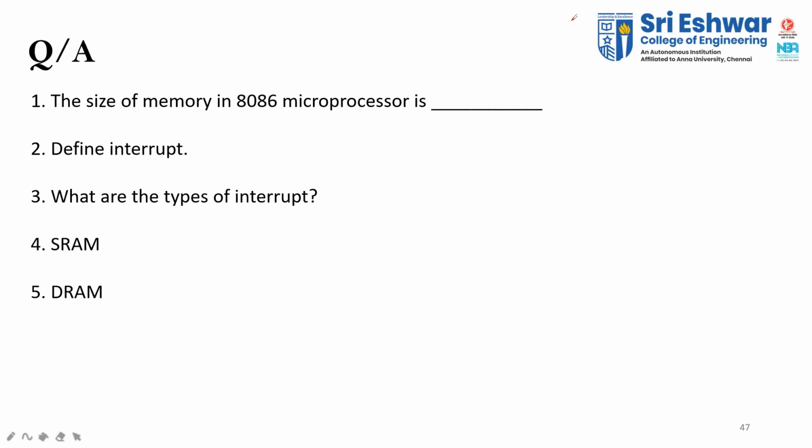Types of interrupts. We have divide by 0. Basic types are 3. Maskable, non-maskable, software, hardware, and vector, non-vector. Okay. Super. Very good, Nitya Shri, Vaishaka, Visvesha. Yes, very good.